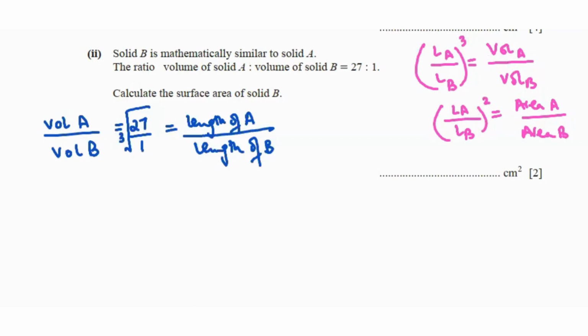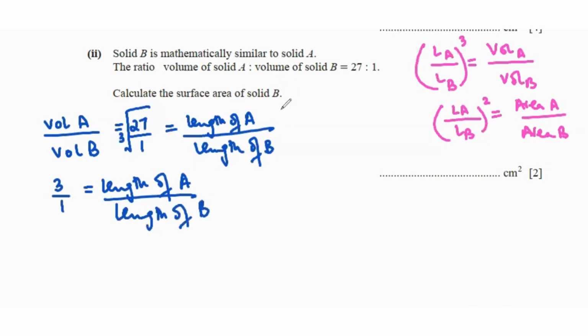So going back to our calculation, that gives us the ratio of length of A to B as 3:1. We're trying to find the surface area. For the surface area, we would square it. 3/1 squared equals your surface area of A to surface area of B.